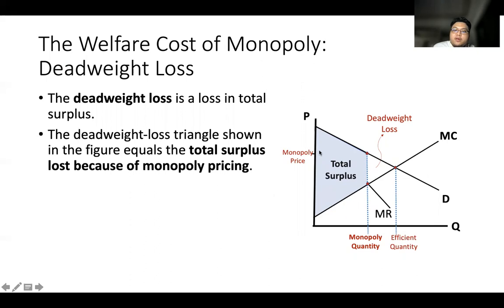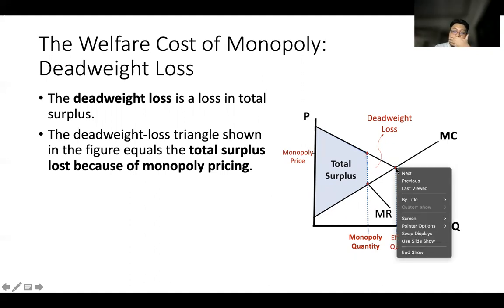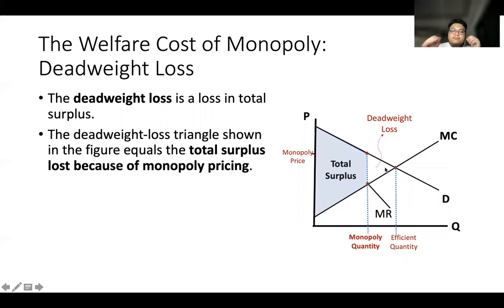If the price is determined by the sole producer, it increases the price. Suppose the price now is here, compared to this, which is determined by competitive firms and atomistic consumers. If it's here, there's a deadweight loss because this does not go anywhere else.